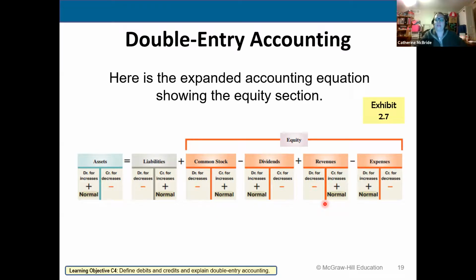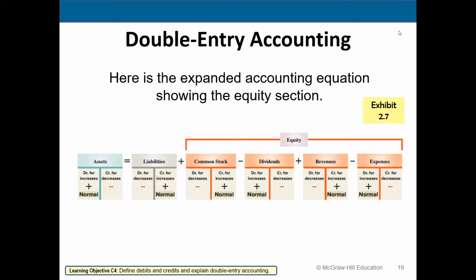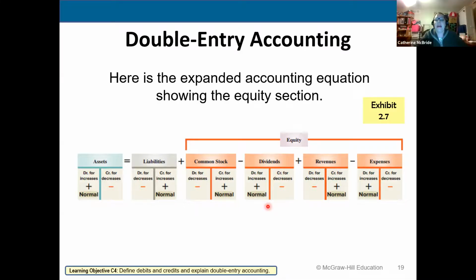Dividends and expenses behave in the opposite way, because what do dividends do to equity? Do dividends increase or decrease equity? Decrease. Dividends decrease equity. So they're going to be increased with the debit and decreased with the credit. Expenses also decrease equity. So they're going to behave in the opposite way. They're going to be increased with the debit and decreased with the credit.